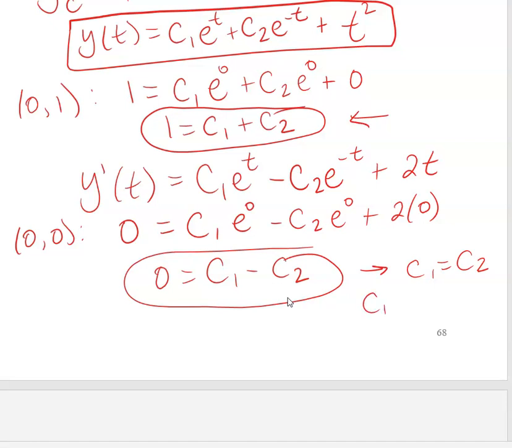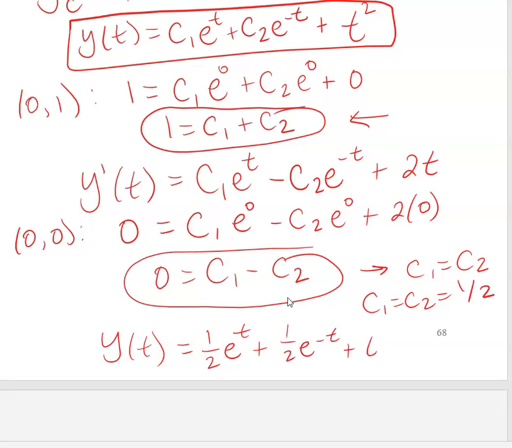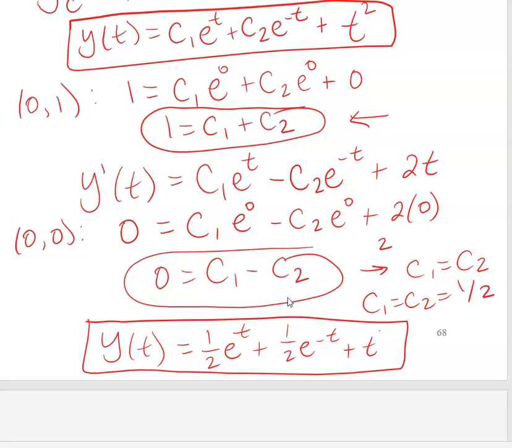So C1 and C2 are both going to end up being 1/2, and then my general solution is now going to look like 1/2 e to the t plus 1/2 e to the negative t plus t squared. And that is going to be the solution that they were looking for that passed through the points they gave us.